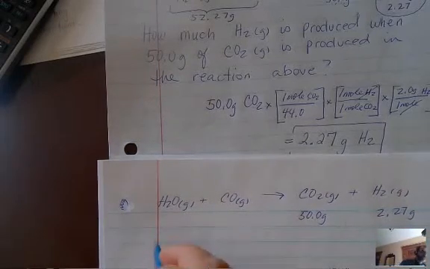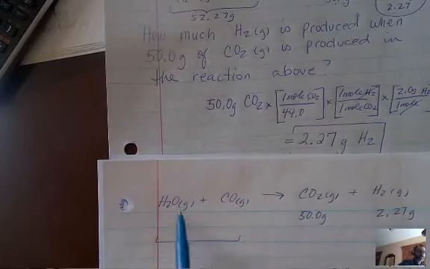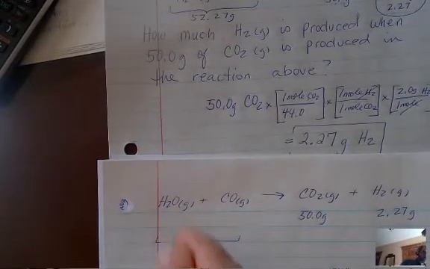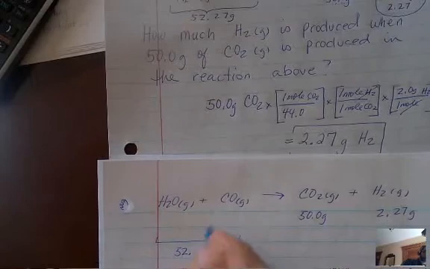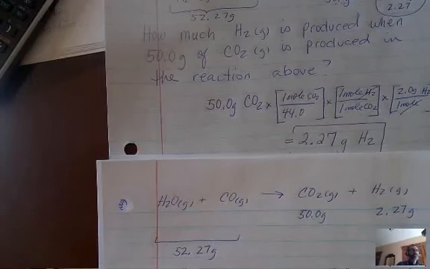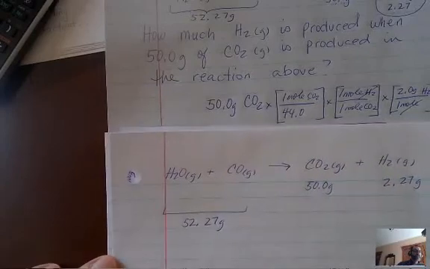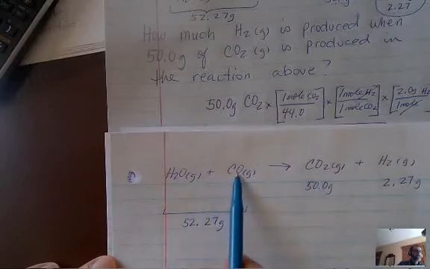We know by conservation of mass, these two have to equal those two. Whatever goes in is equal to the amount that comes out. So we now know that this is 52.27 grams, because 50 plus 2.27 is 52.27. Okay, but I can't tell the breakdown of this yet. Okay, so what am I going to do? Well, let's take this 50 again because we're sure about that number and relate this guy to this guy.